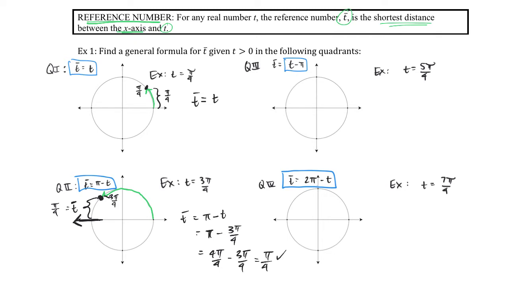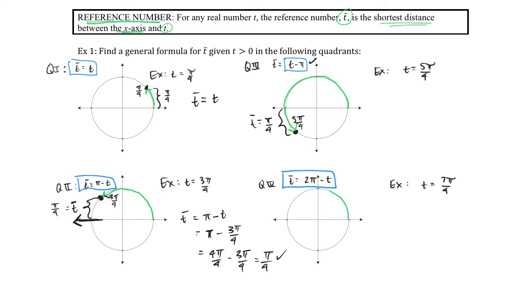Now I don't need to do every single one of these, but you'll see. Here we are at 5 pi over 4. The shortest distance here, again, is pi over 4, and the way you get there is to take your angle, 5 pi over 4, and subtract pi.